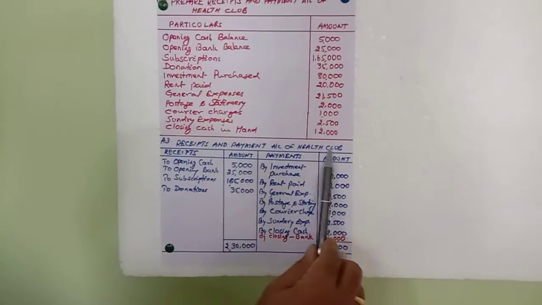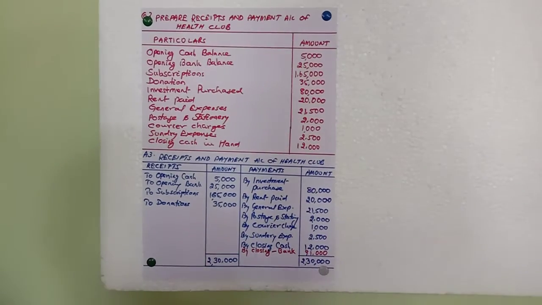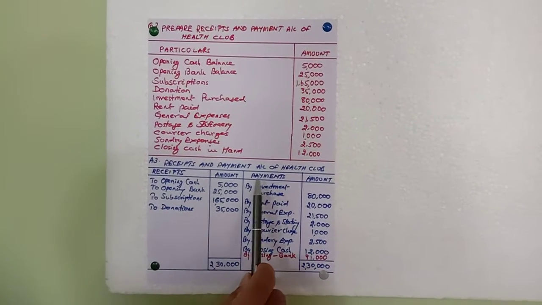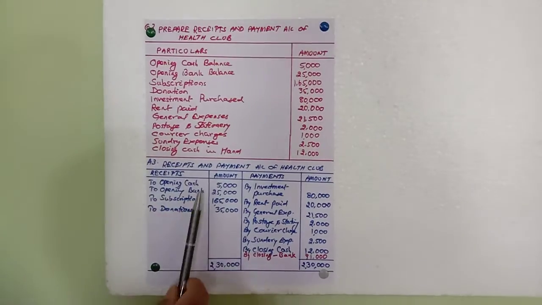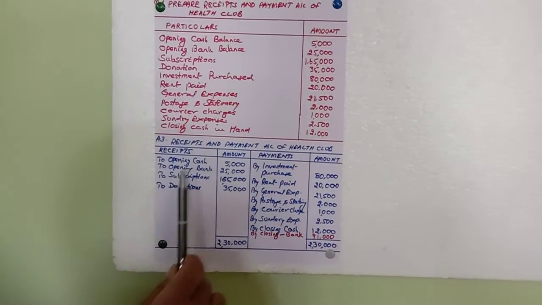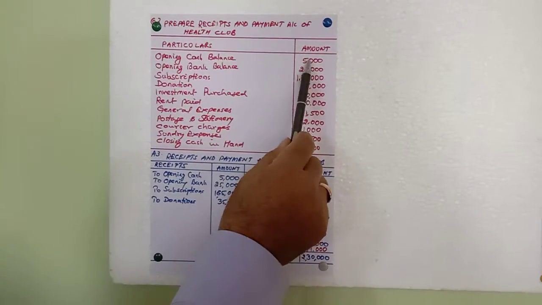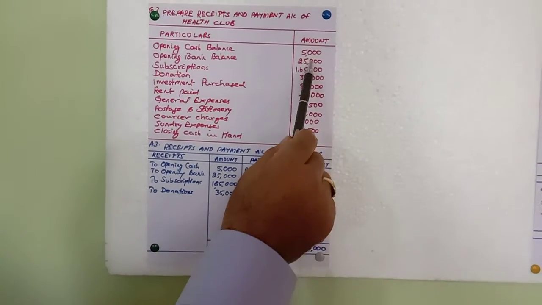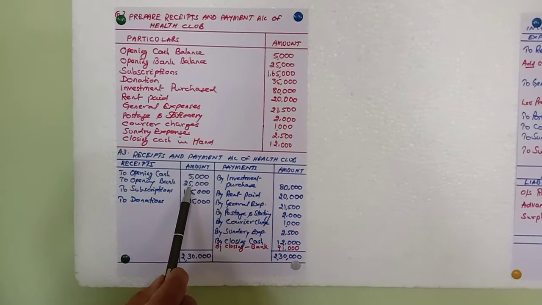You need to make a ledger and give it the name receipts and payments account of health club. On the debit side write receipts and on the credit side write payments. Any inflow is recorded on the debit side, any outflow on the credit side. So opening cash 5,000 is an inflow, then 25,000 opening bank balance is also debit.